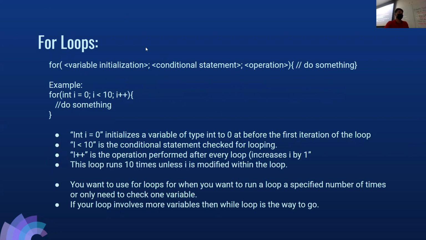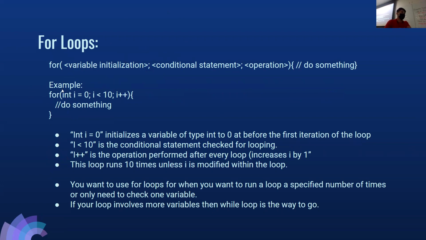And we have for loops. I recommend using for loops when you want a specified number of loops. So if you want to do something 10 times, you use a for loop. Actually, let me explain what a for loop does first. The first time it's run, it initializes a variable to a set value.